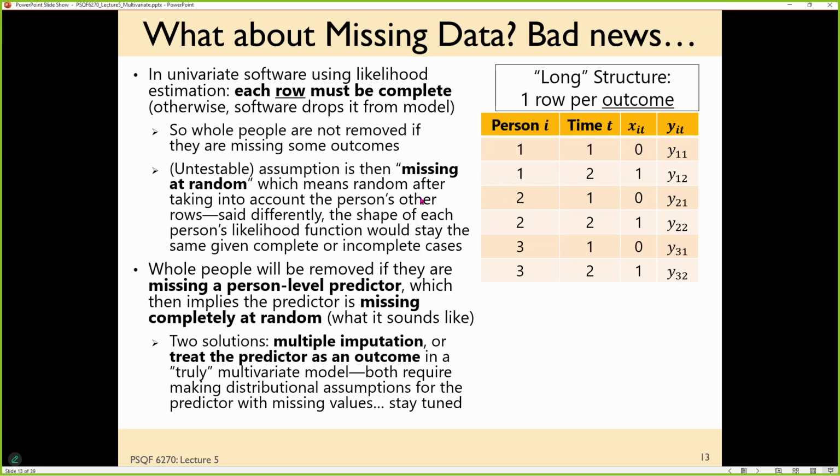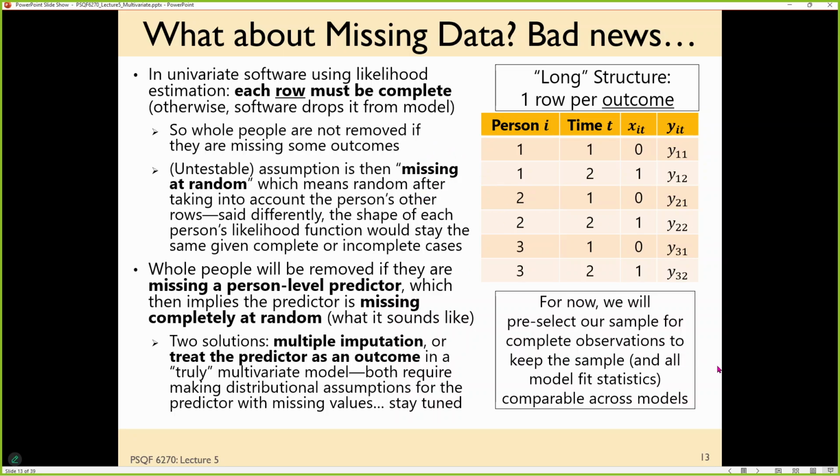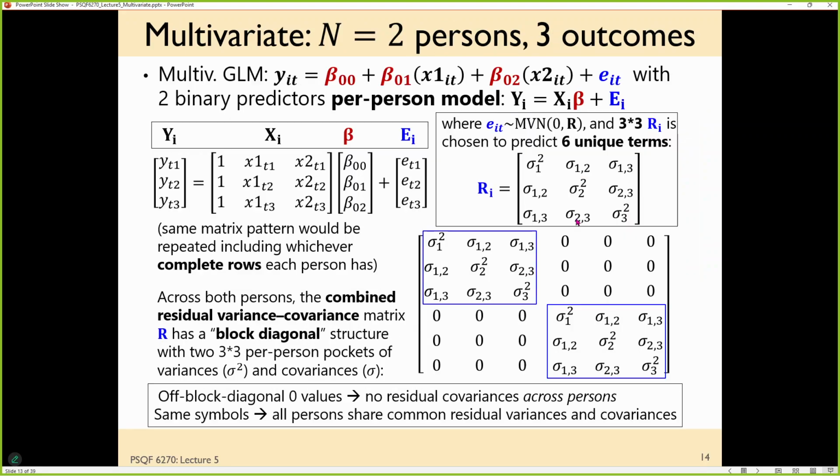But missing data is the biggest reason why I would recommend doing multivariate types of analyses, meaning predicting multiple outcomes from the same unit using likelihood estimation as opposed to ordinary least squares. And that is why I don't teach repeated measures ANOVA in intermediate, because I knew I would have to open up this entire can of worms and I didn't want to go there. So we're going to do it now.